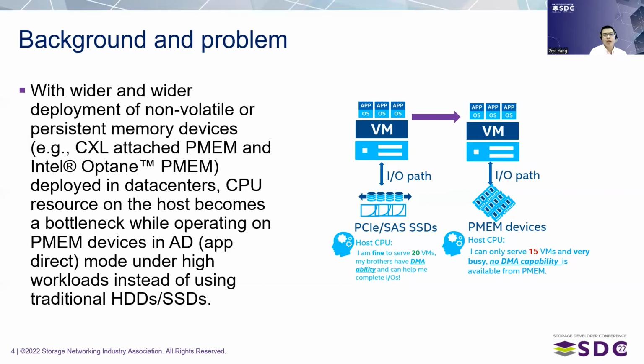But if we replace those SSDs with persistent memory devices, things change. When doing I/O workloads, the host CPU says, "I can only serve 15 virtual machines, and I'm very busy because there is no DMA capability available from persistent memory devices."